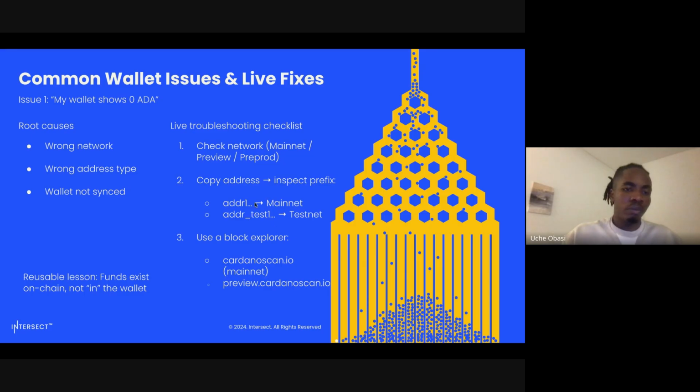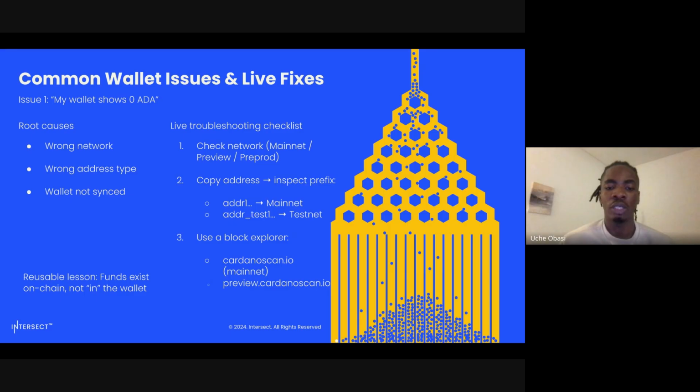Another issue is the wallet not being synced. In that particular case, you can use a block explorer, something like CardanoScan.io, to check if the wallet is synced. Usually CardanoScan.io is for wallets deployed on mainnet.